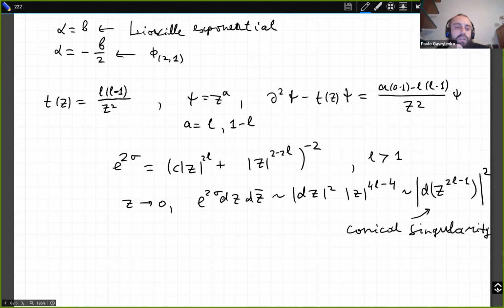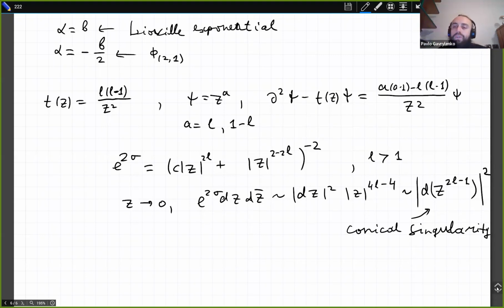The singularity is precisely the singularity which corresponds to some primary field under the correlator. Since T of z is the expectation value of the energy momentum tensor, this corresponds to some exponential, approximately of power L.